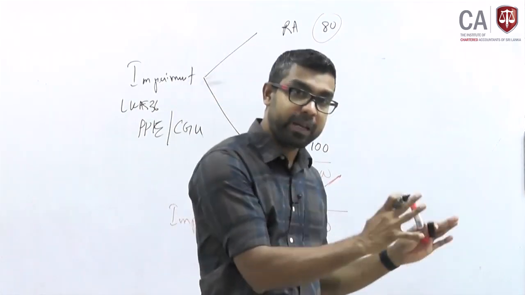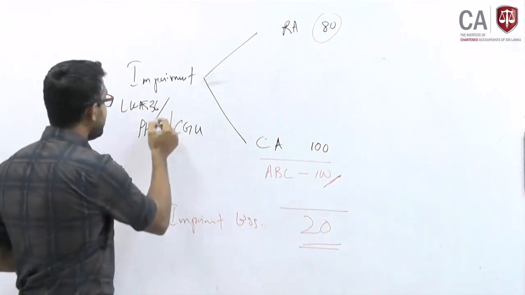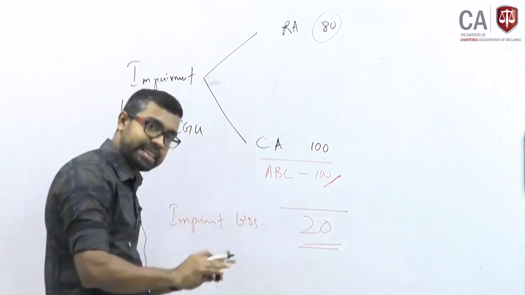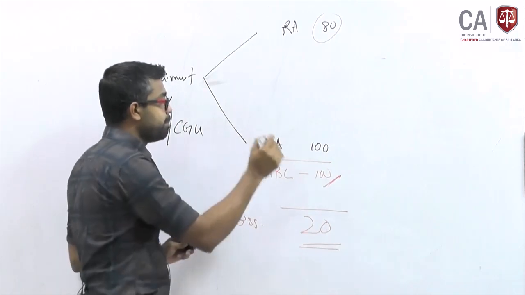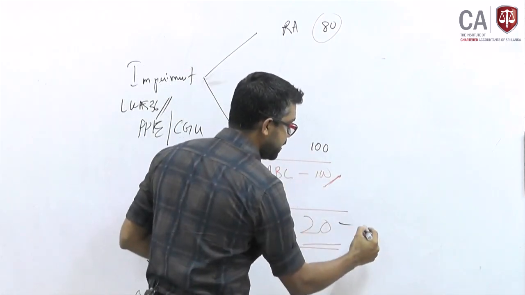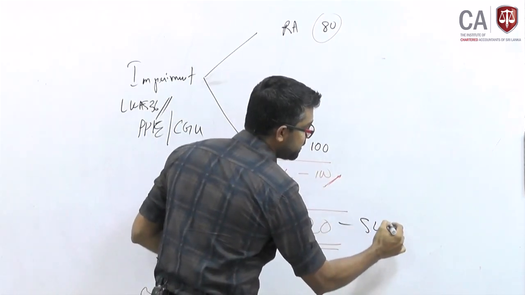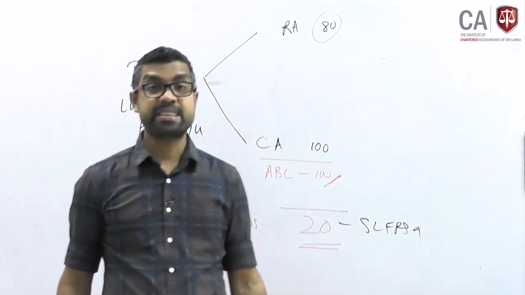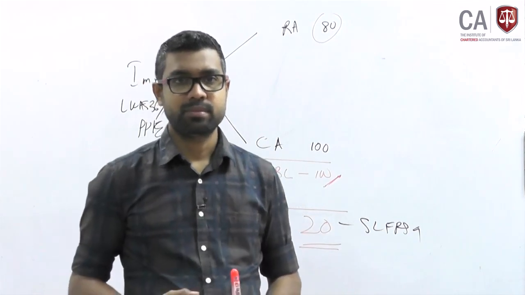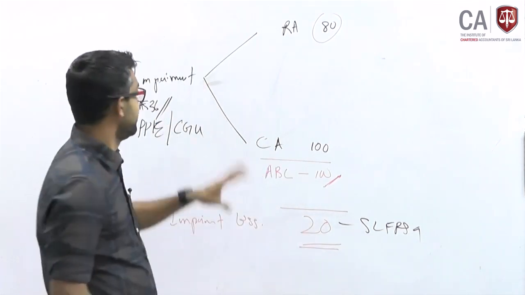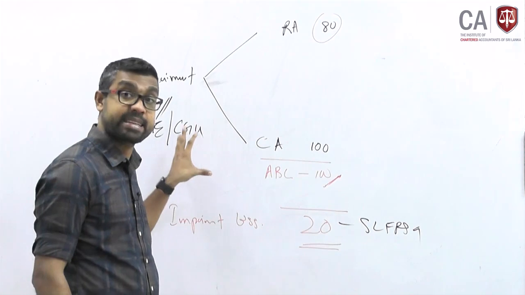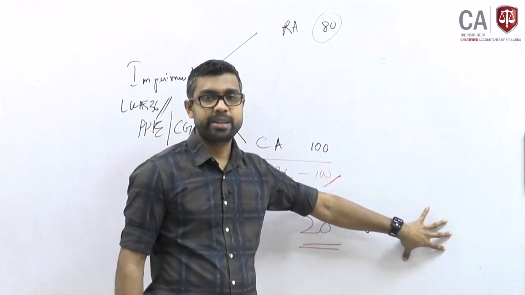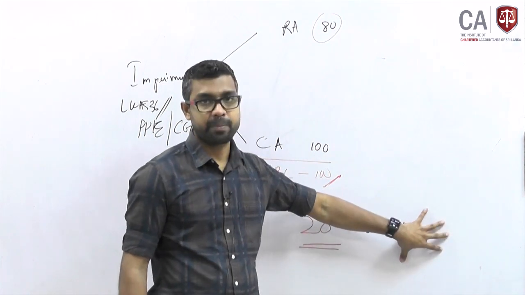But in this topic we are talking about debtors impairment. This impairment is explained in SLFRS 9, financial instruments. Receivable impairment is explained there in SLFRS 9.